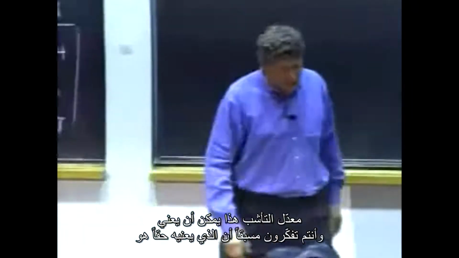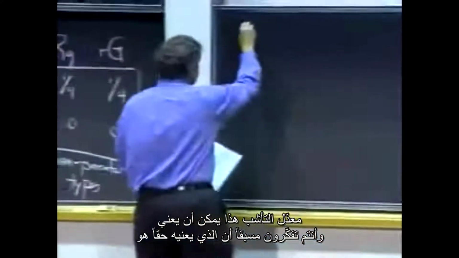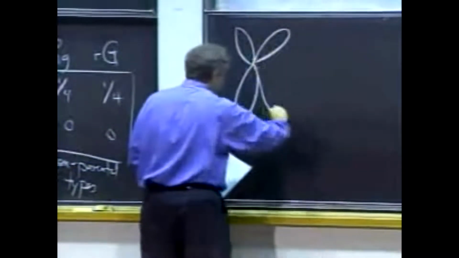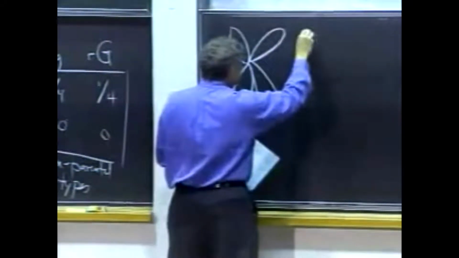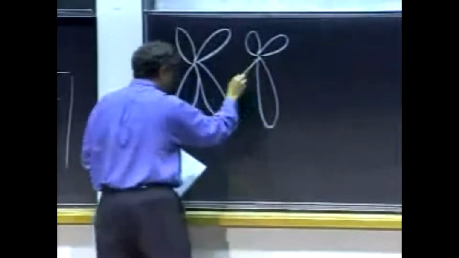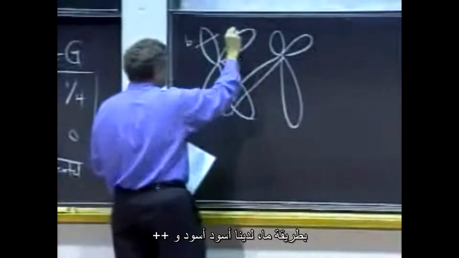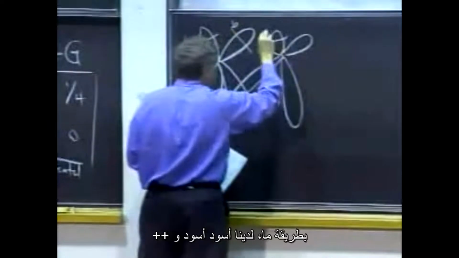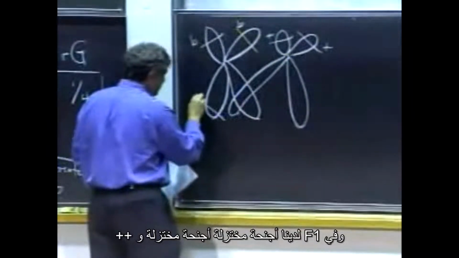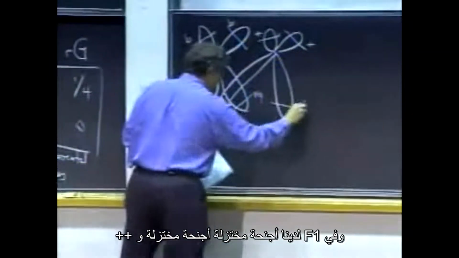This recombination rate might mean, and you know already that you're thinking what it really means is, somehow we have black, black, plus, plus, and in the F1 we have vestigial, vestigial, plus, plus.